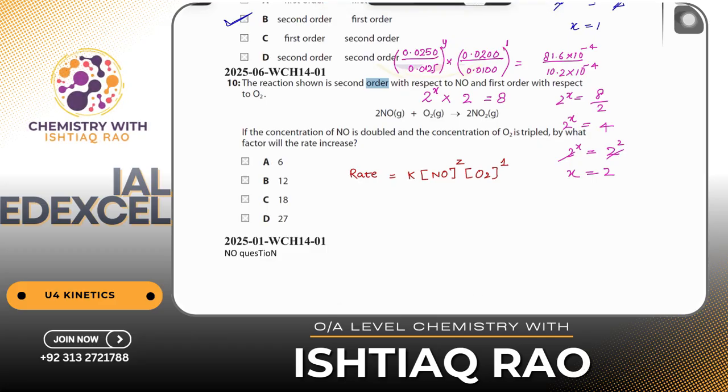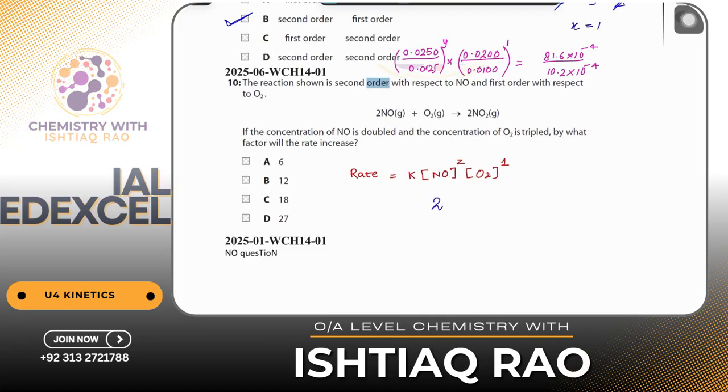Now you know what they are saying? They are saying that we have doubled the concentration of NO, like this, and we have tripled the concentration of oxygen. So then they are asking by what factor the rate will increase.